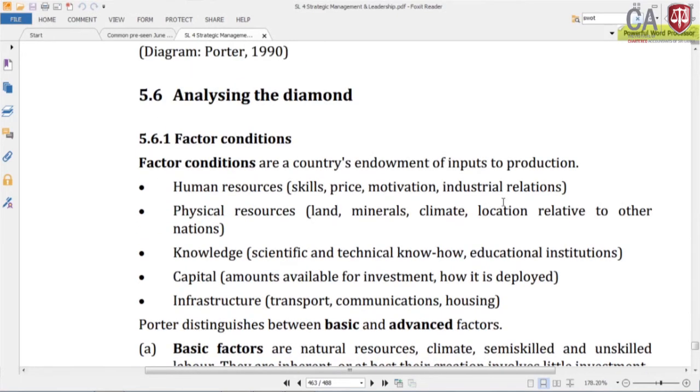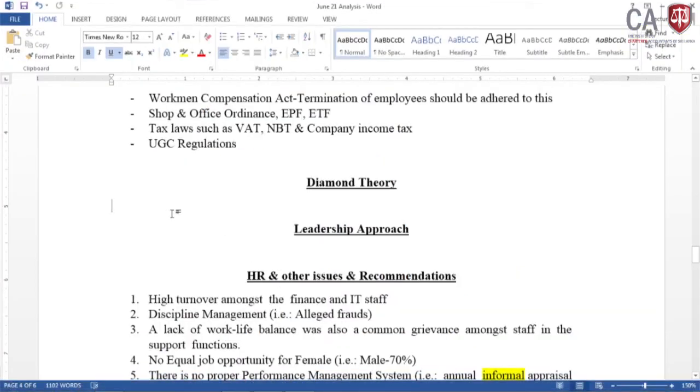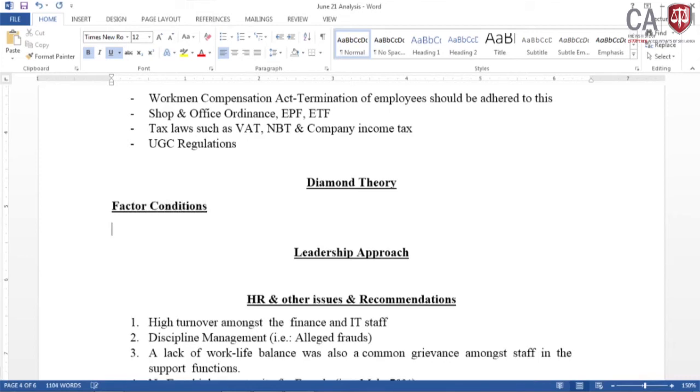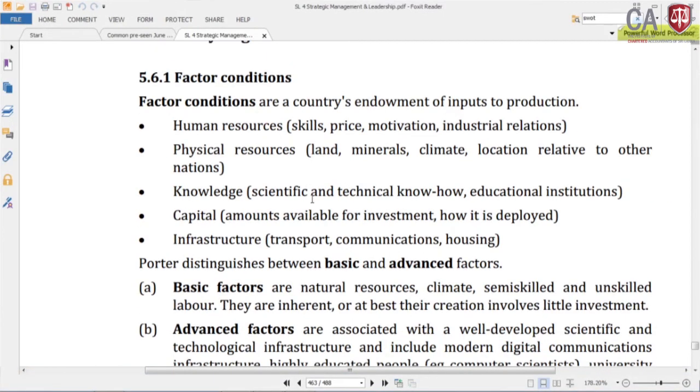First of all, look at the factor conditions.